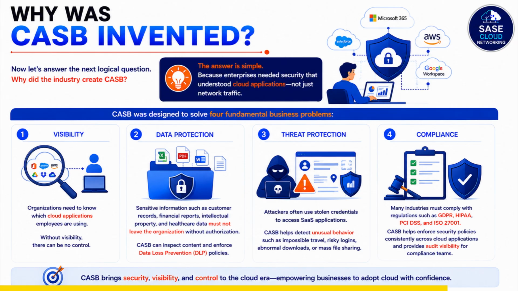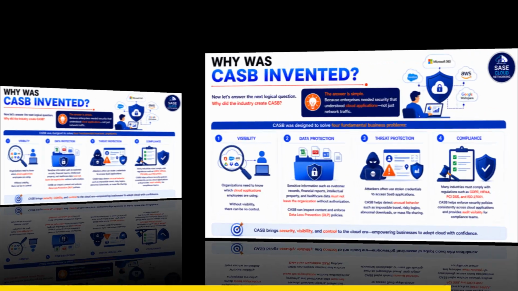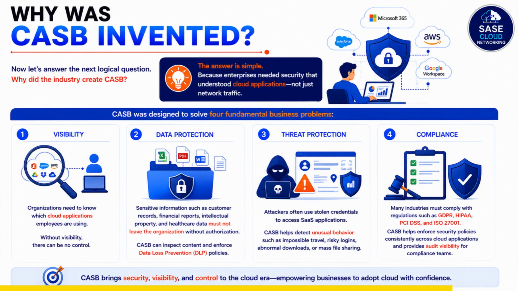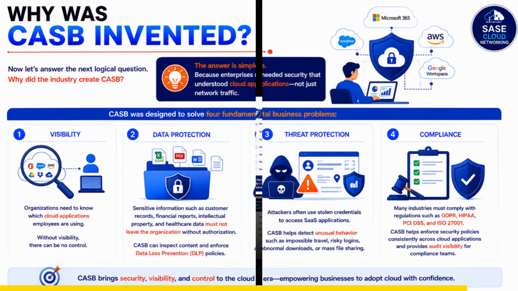CASB helps detect unusual behavior such as impossible travel, risky logins, abnormal downloads, or mass file sharing. 4. Compliance. Many industries must comply with regulations such as GDPR, HIPAA, PCI DSS, and ISO 27001. CASB helps enforce security policies consistently across cloud applications and provides audit visibility for compliance teams.